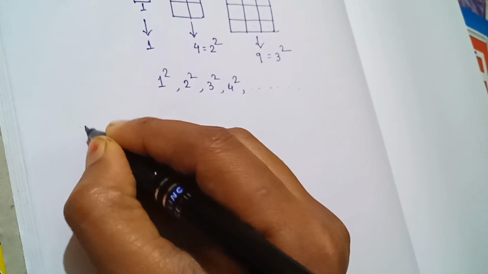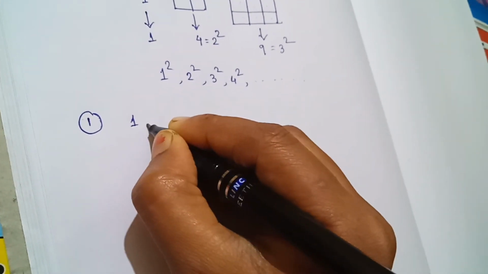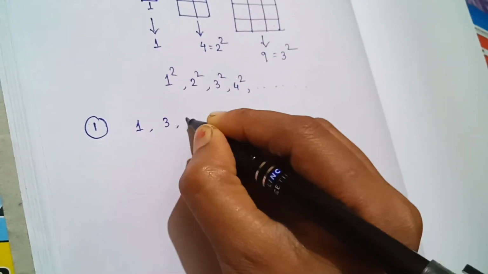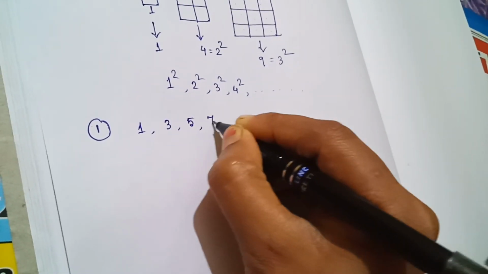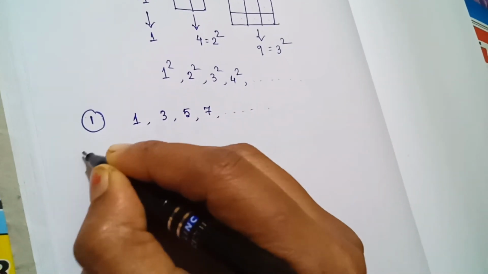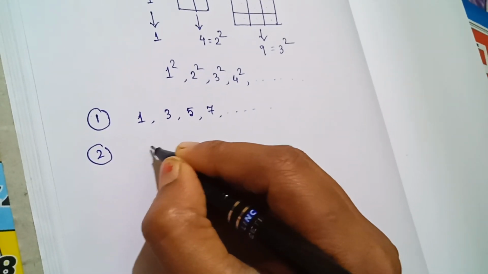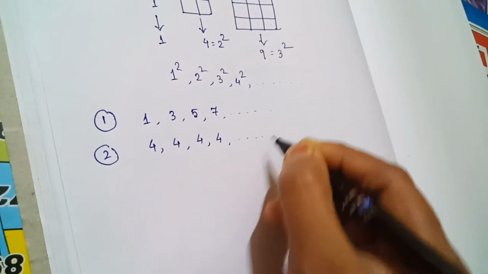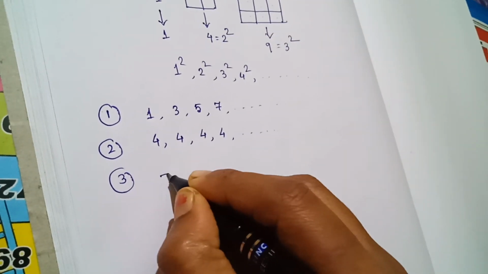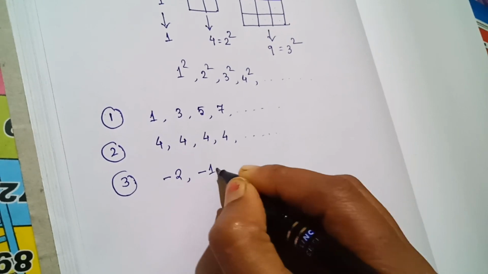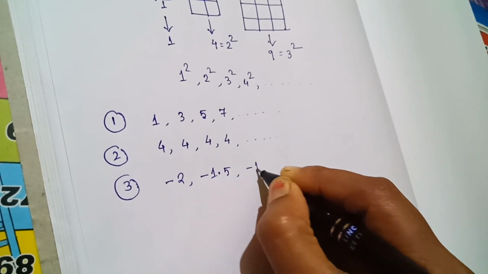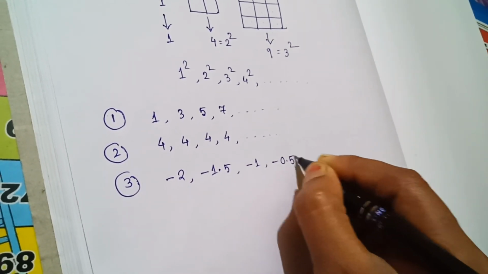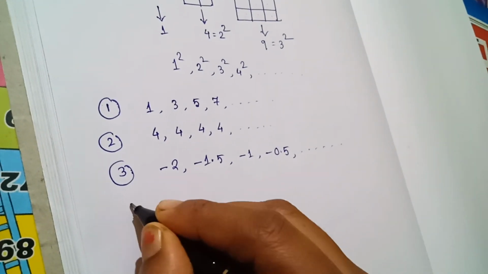So let us take some lists of numbers. Suppose number 1: 1, 3, 5, 7, dot dot dot. Number 2: 4, 4, 4, 4, dot dot dot. Number 3: -2, -1.5, -1, -0.5, dot dot dot.